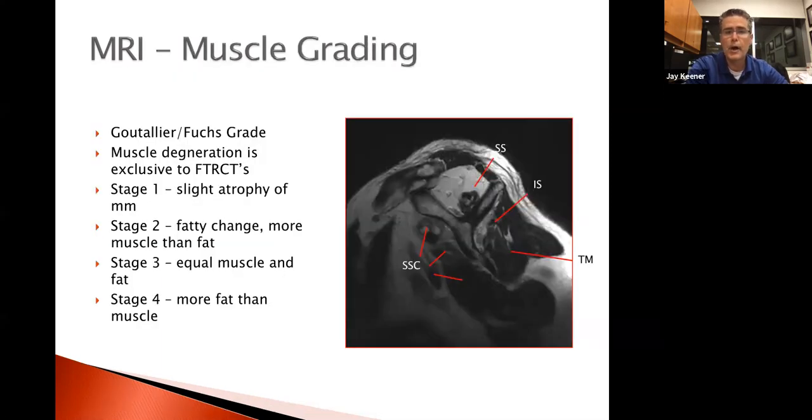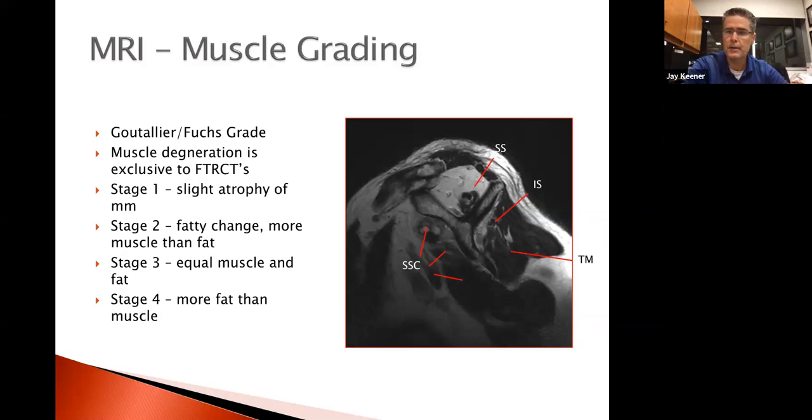When you look at MRI grading, we typically do this on a sagittal image. You want to look at the slice where the coracoid base and the scapular spine meet the glenoid vault. By MRI, you have a modification of the Goutallier system called the Fuchs grading system. And it's important to remember that you don't see muscle changes in the rotator cuff unless you have a full thickness tear or a neurologic problem.